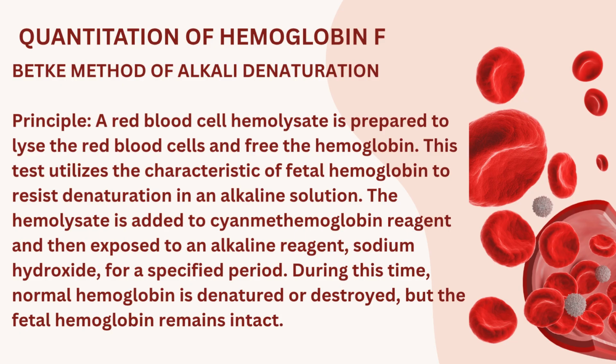The hemolysate is added to cyanmethemoglobin reagent and then exposed to an alkaline reagent, sodium hydroxide, for a specified period. During this time, normal hemoglobin is denatured or destroyed, but the fetal hemoglobin remains intact.